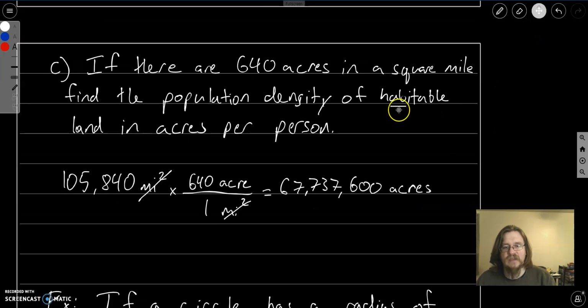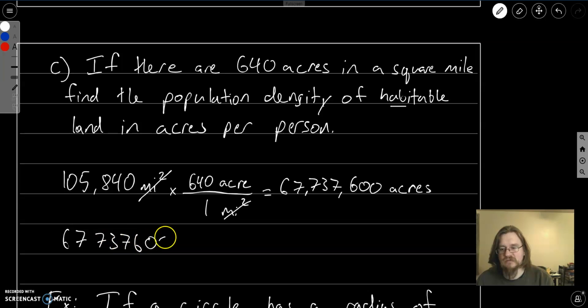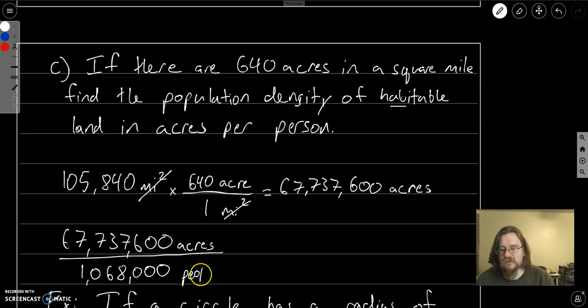Cool. And then if we want acres per person, now I just want to take how many acres there are, which is this huge number, divided by how many people there are. We said before that this was 1,068,000 people. Again, we can just plug this into our calculator.